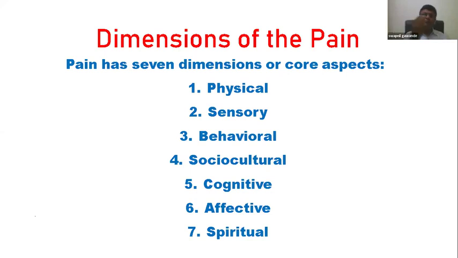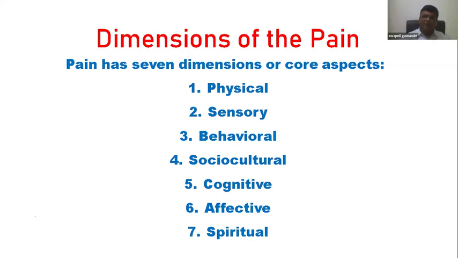For example, if a patient is complaining of pain in his wrist or forearm without any history of trauma or physiological symptom, then we conclude that the pain may be radiating from the cervical spine. So that is the sensory part.